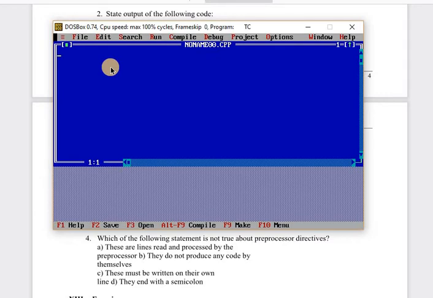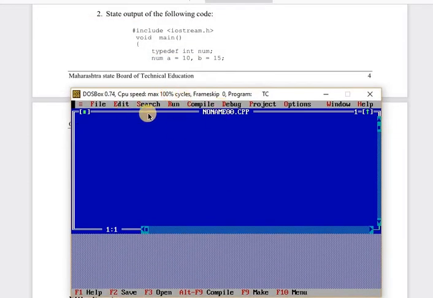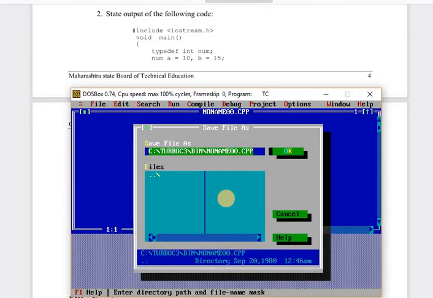So this is a new file, it is an editor to write the C++ program, and to save the file we require the save option. Here we are writing, suppose, 123.cpp.